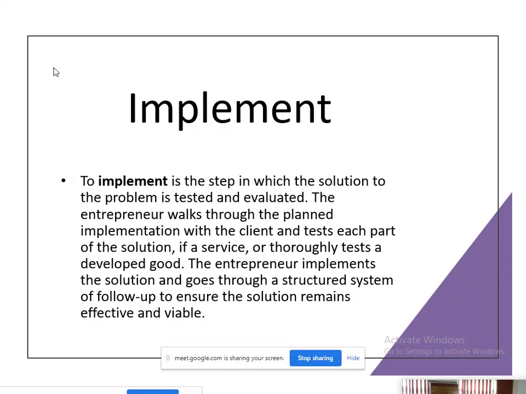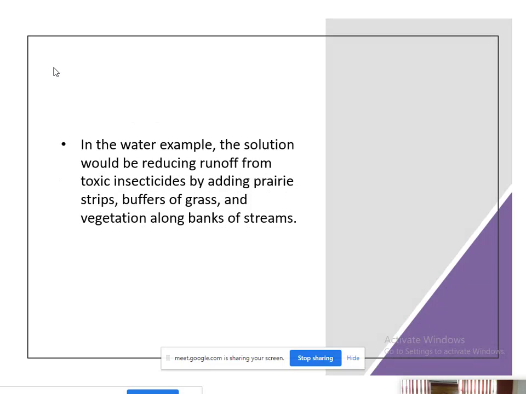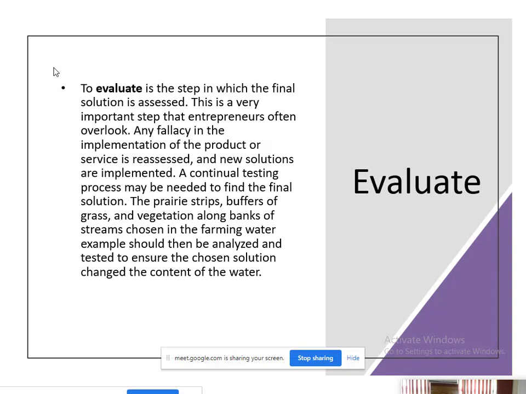And if a service or product thoroughly tests well, the entrepreneur implements the solution and goes through a structured system of follow-up to ensure the solution remains effective and viable. In the water example, the solution would be reducing runoff from toxic insecticides by adding prairie strips or buffers of grass and vegetation along banks of streams.